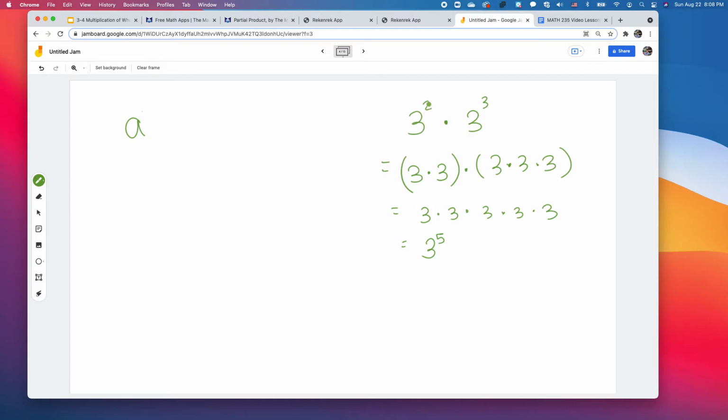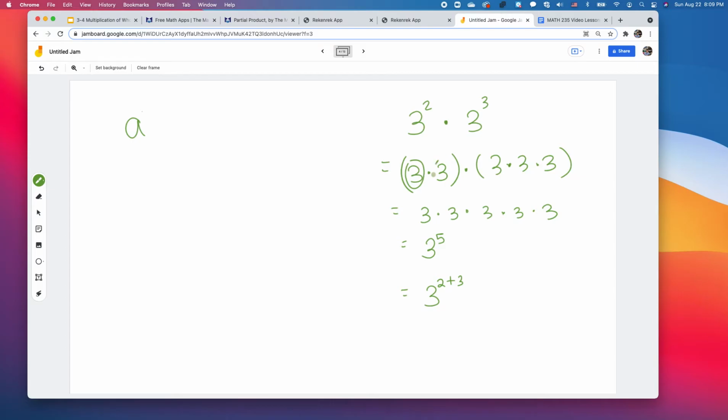And compare this with this. That's exactly the same as 3 to the 2 plus 3 power, isn't it? So if you are thinking about this 3 squared and 3 cubed in multiplication, because you have the same number, you are counting how many there are.